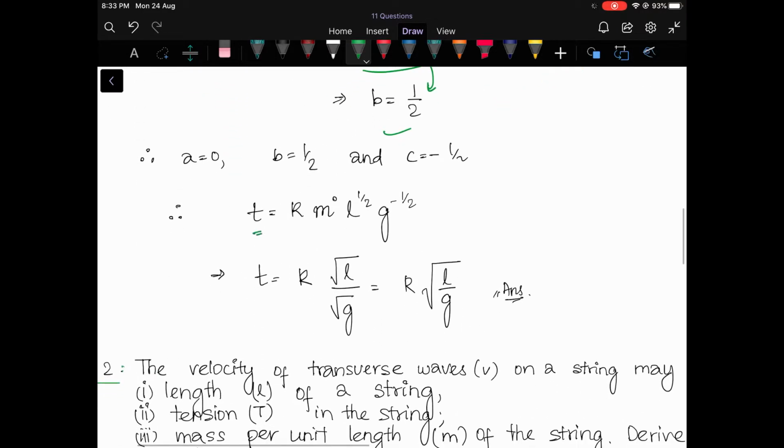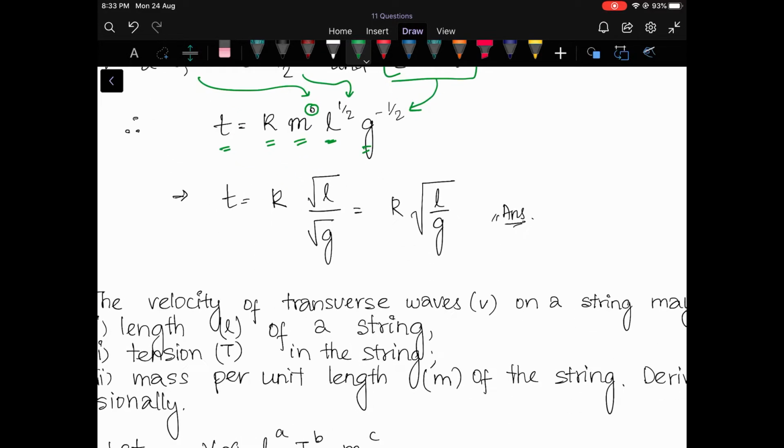So we have t, the time period, equals some dimensionless constant k, m to the power a, which comes out to be 0, L to the power b, which comes out to be half, and g to the power c, which comes out to be minus half. M to the power 0 here simply means there is no m in this equation, so we simply write k.